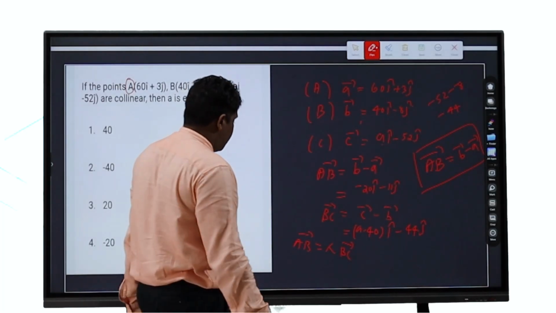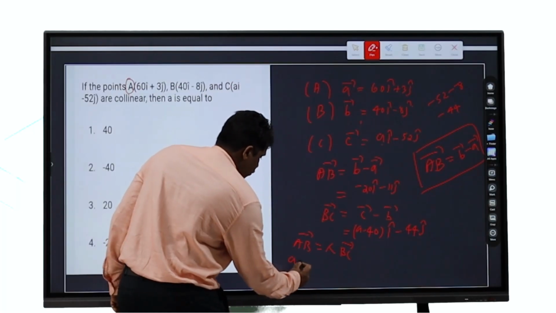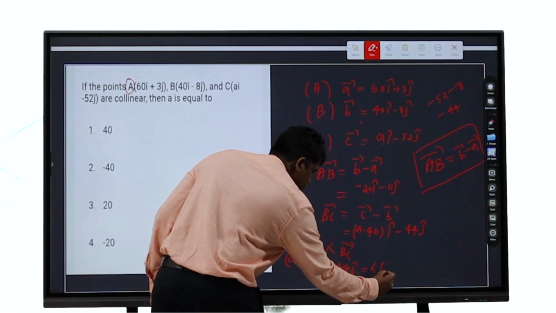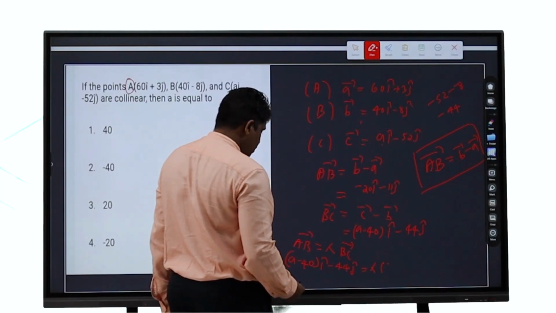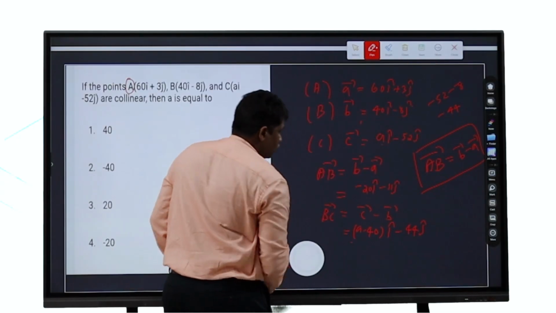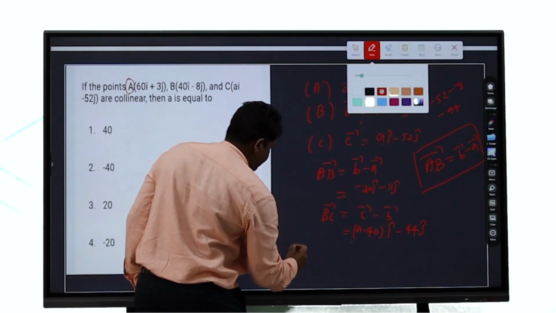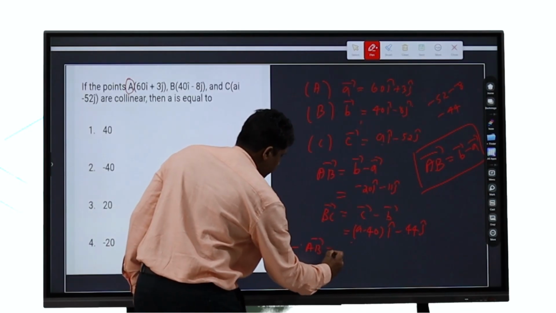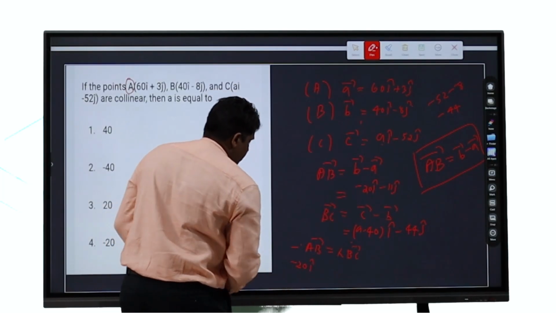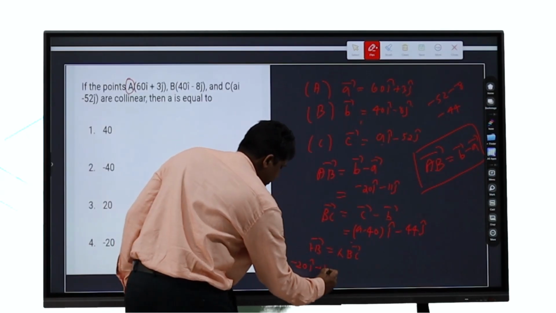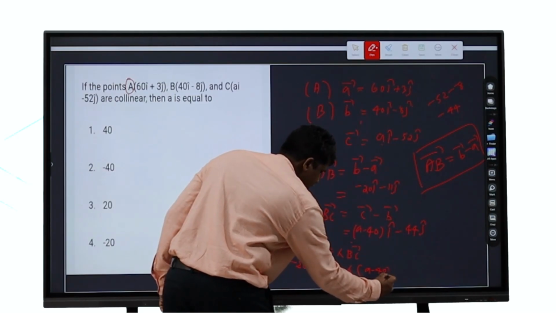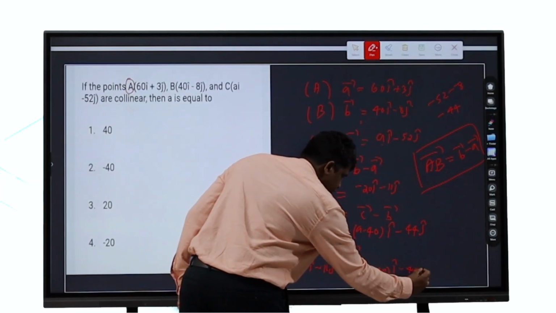Sorry, AB vector is minus 20i minus 11j, equal to lambda into BC vector. BC vector is a minus 40i minus 44j.